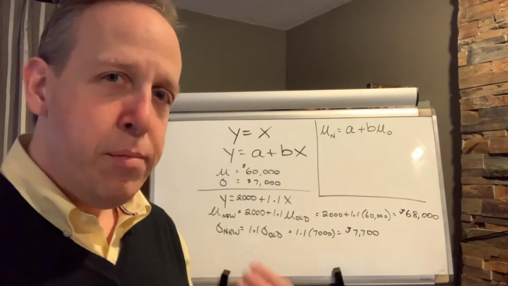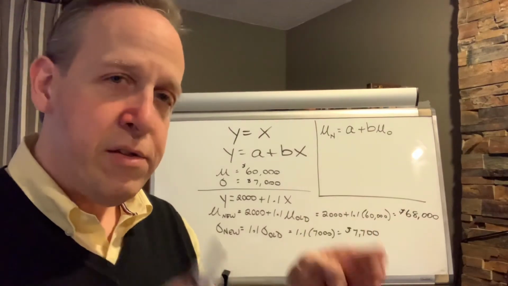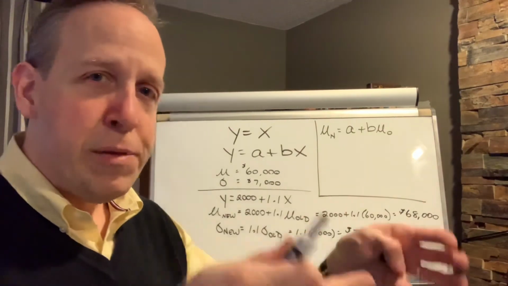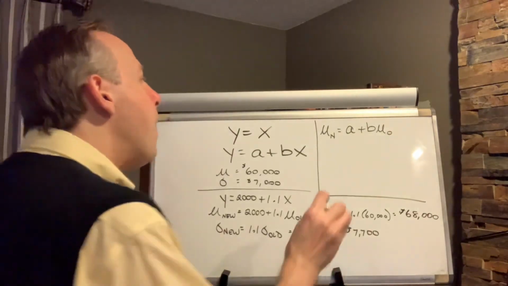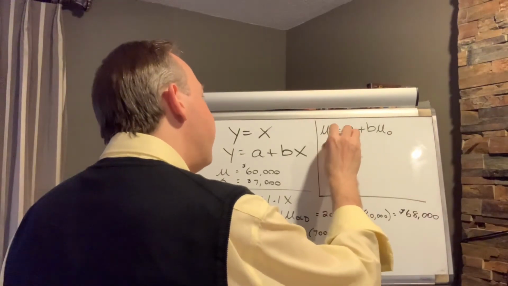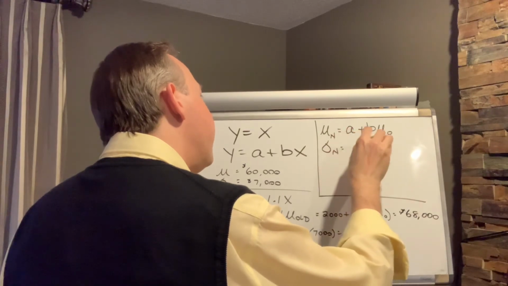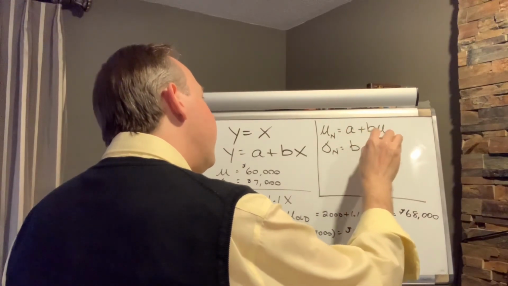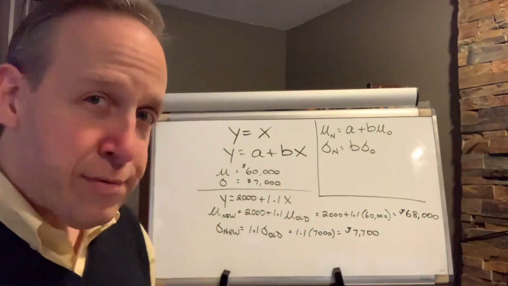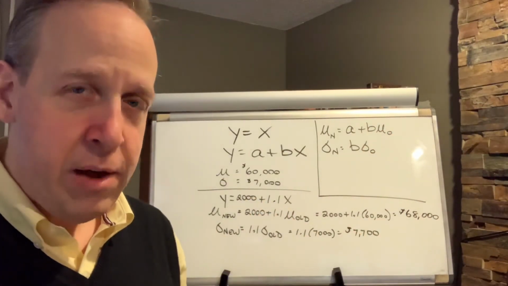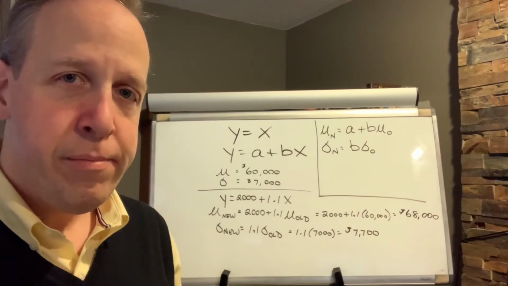The new mean is found by taking the constant shift and the multiple shift times the old value. That's easy. But the standard deviation of the new distribution is equal to B times the standard deviation of the old distribution, and we disregard the constant when figuring out that value.